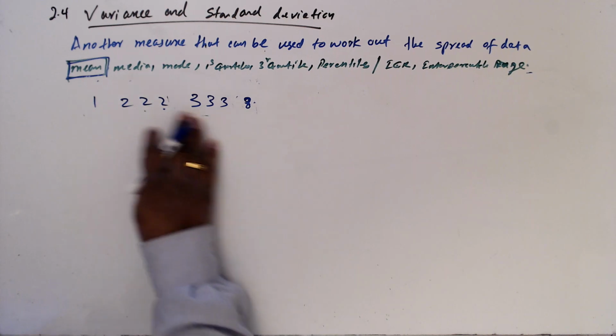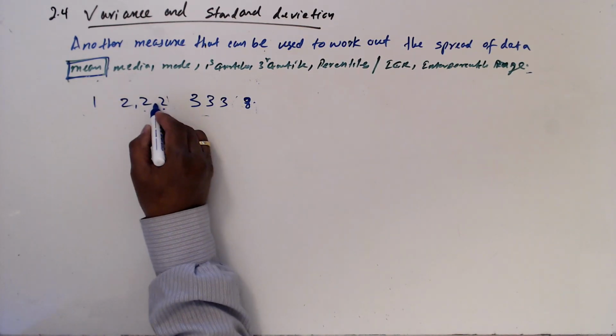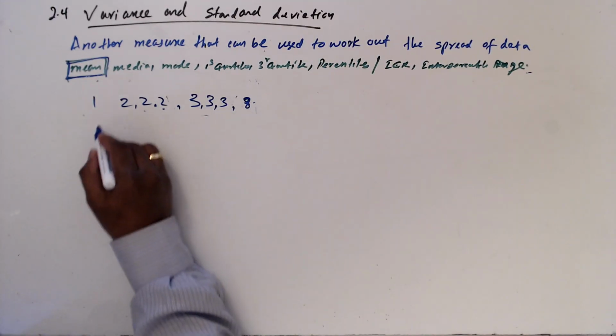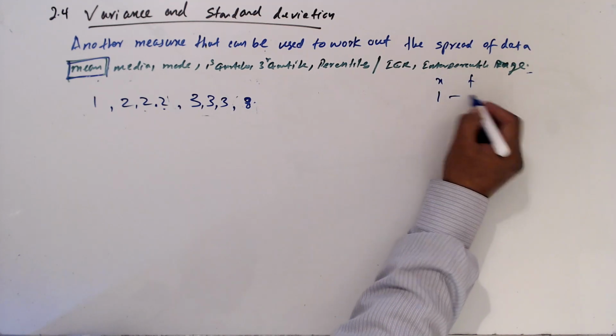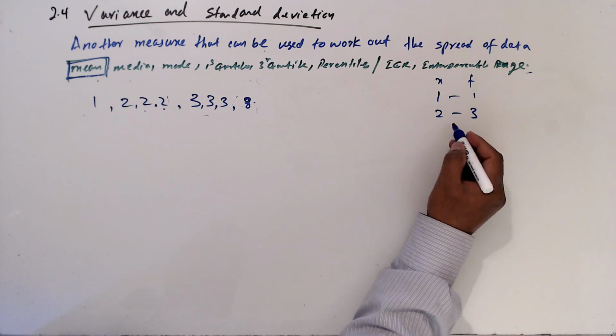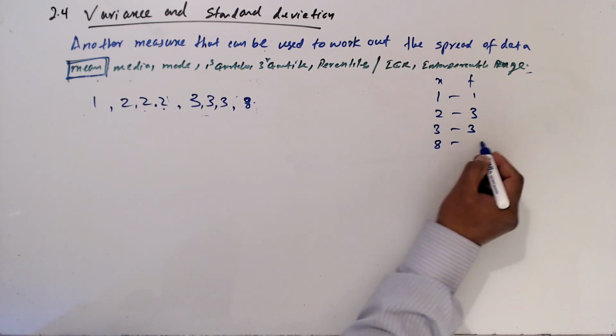Let's discuss one example. I have a number set here: 1, 2, 2, 3, 3, 3, 8. So 1 has frequency 1, 2 has frequency 2, 3 has frequency 3, and 8 has frequency 1.